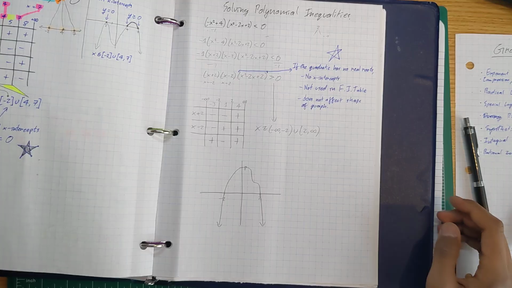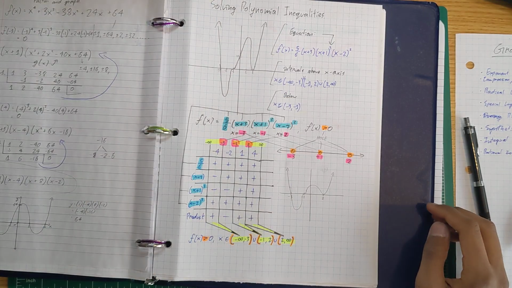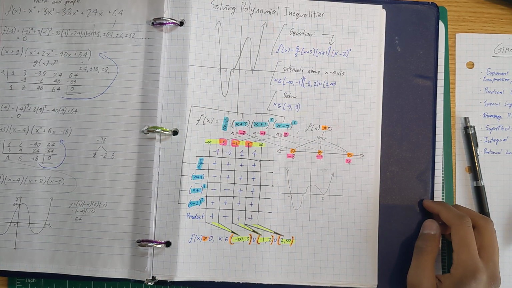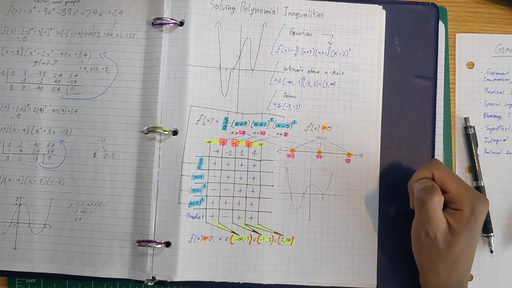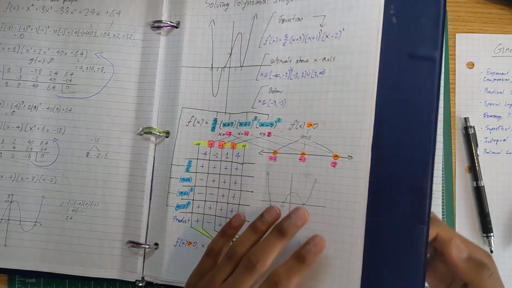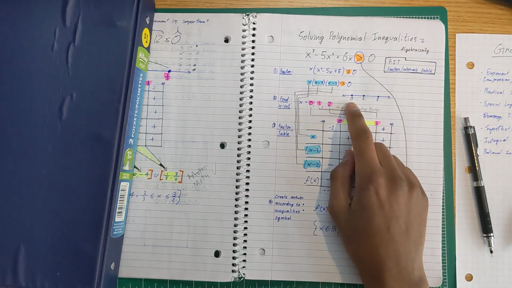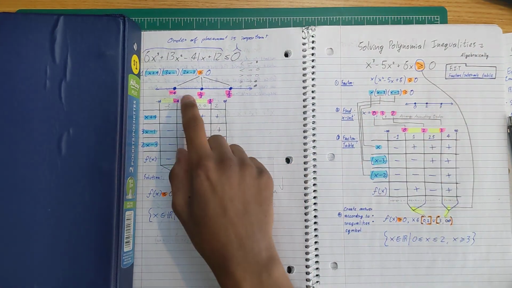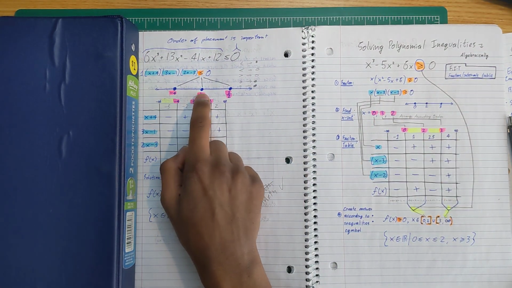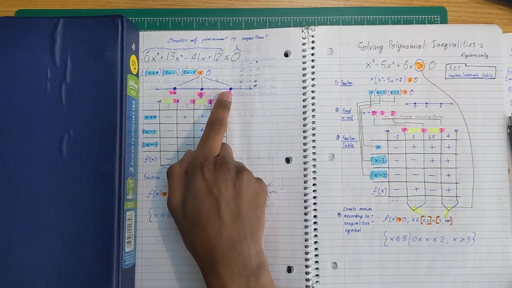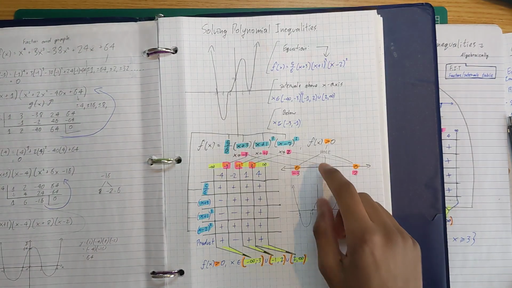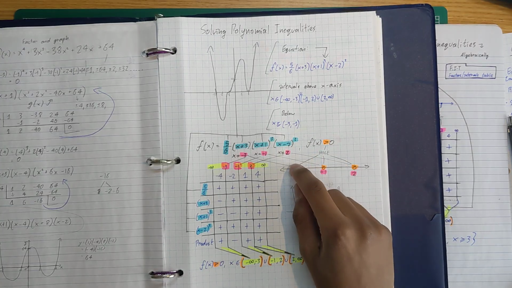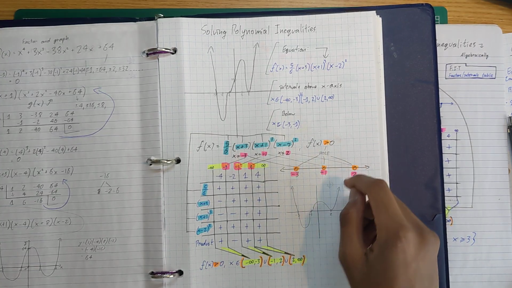So here's one example where the sign is a greater than. Over here, you see it on the number line that I put full dots because it's an equal to sign. But since it's just a greater than, I put just holes.